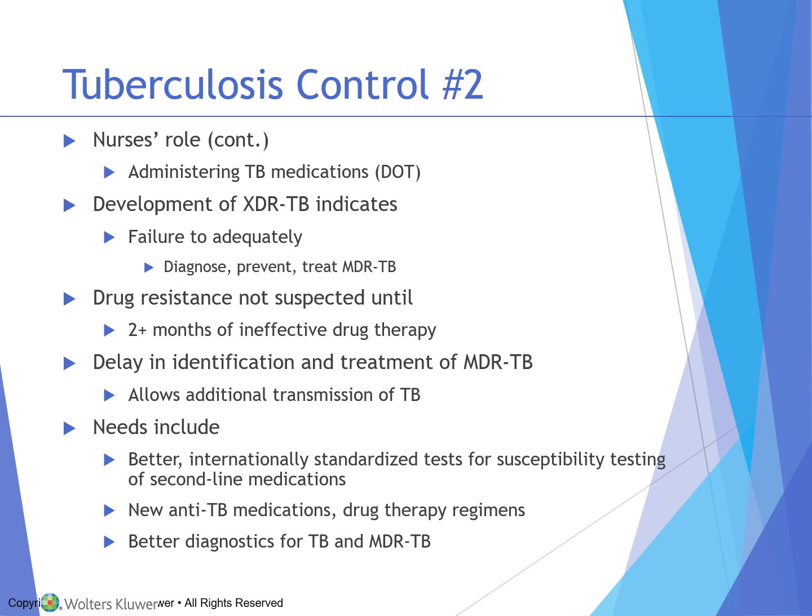We are at the border with Canada and Mexico, and we need to make sure that better standards are developed among the nations, and also new anti-TB medications and drug therapy regimens, and better diagnostics for TB and for multi-drug resistant TB.